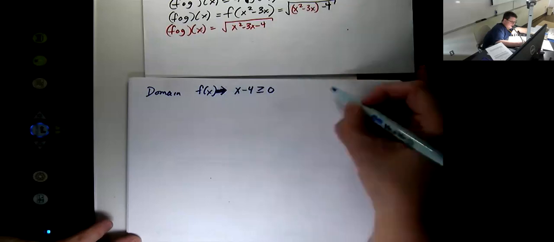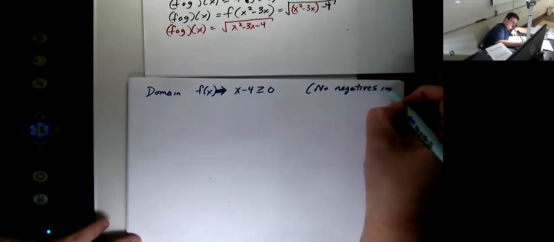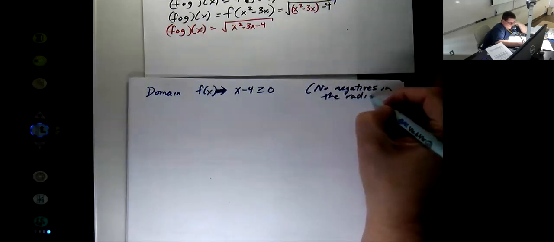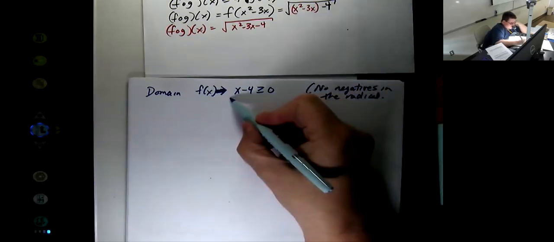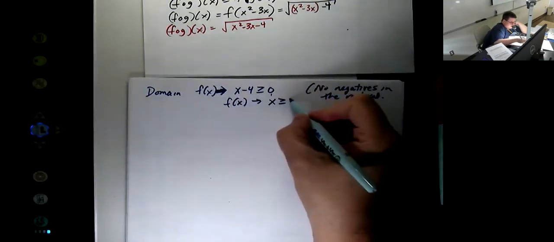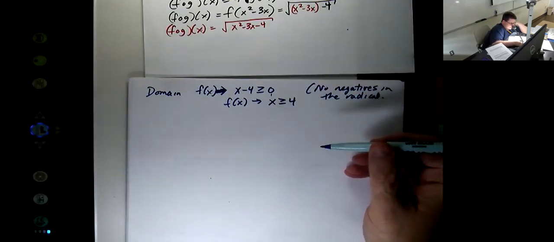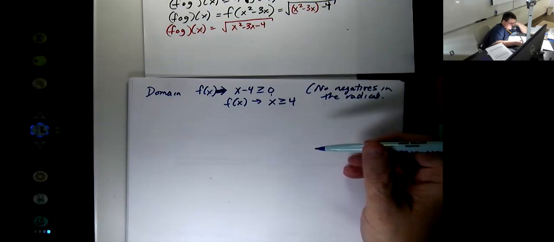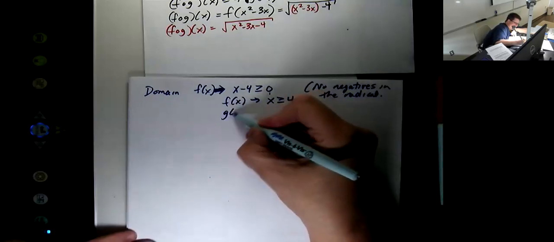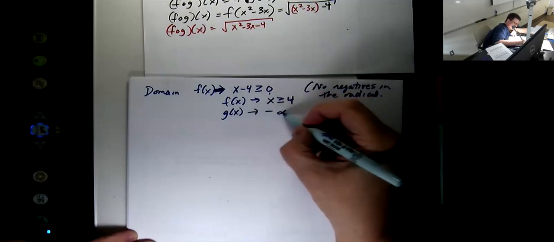We don't want negatives in the radical. So f of x gives us x is greater than or equal to 4. g of x is all real numbers, negative infinity to infinity.